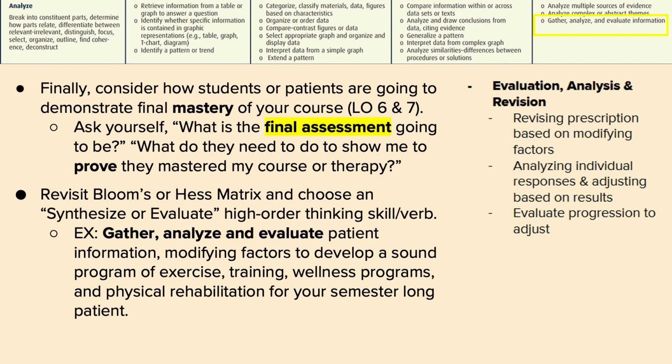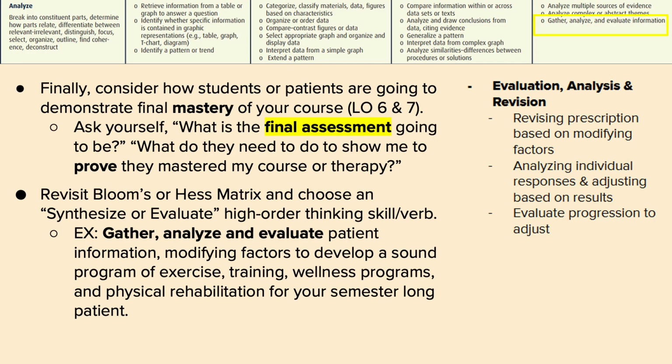What is the last thing I am going to ask my students to do in order to show mastery of my course? And when we think back to the beginning, the course objectives that I set out for them and the course description that I had originally written, right? So for this one, I chose to go way far to the right for synthesis.